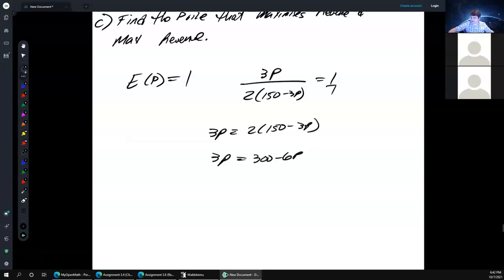And then if we add over, that's going to be 9p is equal to 300. So lastly, divide by 9, and that gives us $33.33. So at that price, we're going to have maximum revenue.